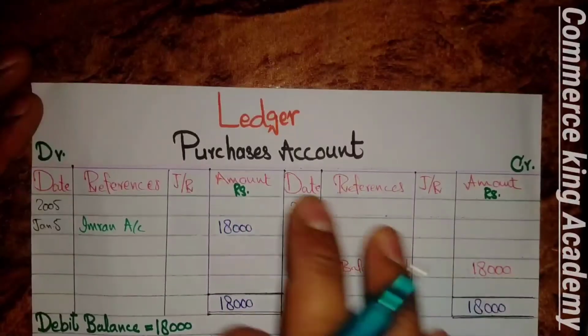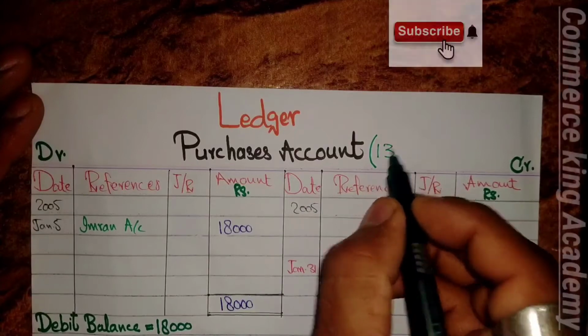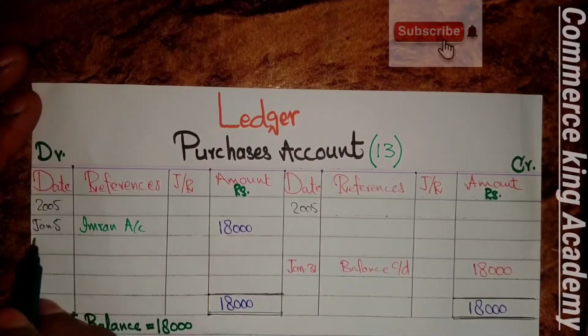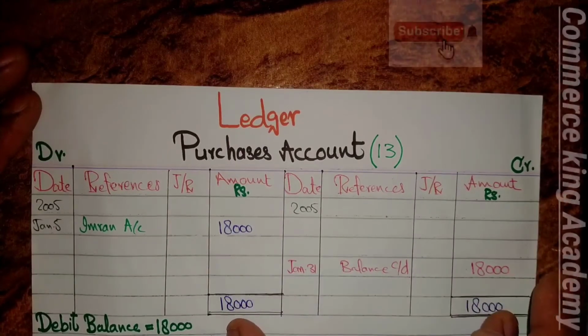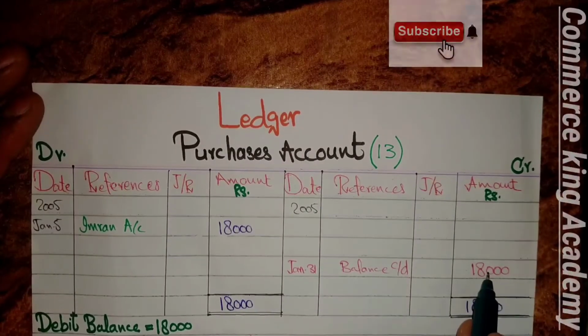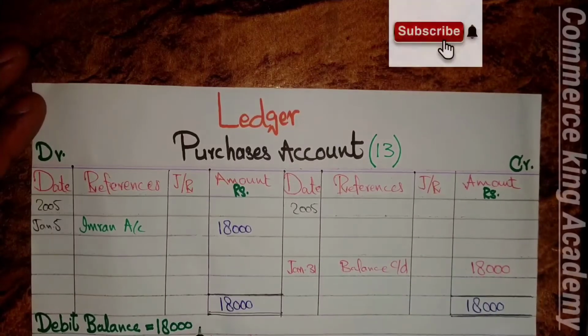This is the ledger of purchase account with ledger folio number 30. We have totals of both sides and a difference of 18,000 on the credit side. So the debit side is heavier than the credit side, and ultimately we have a debit balance of purchases account.